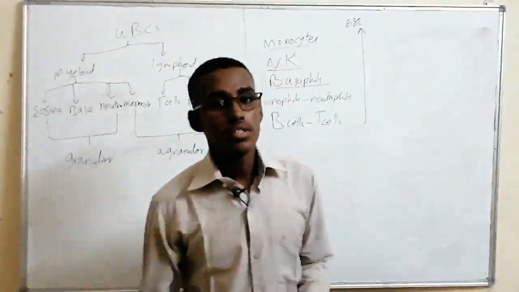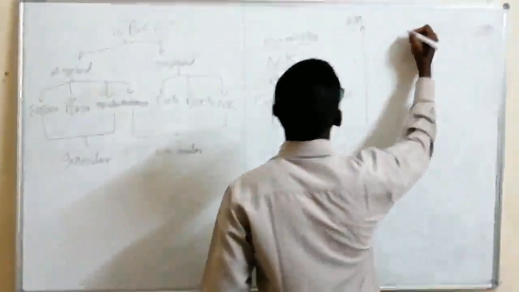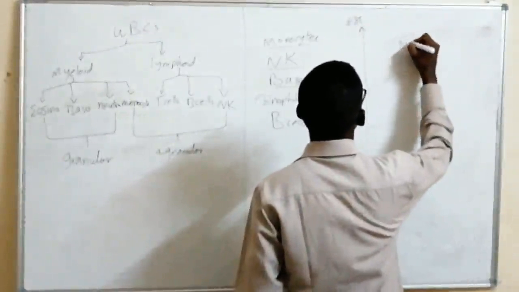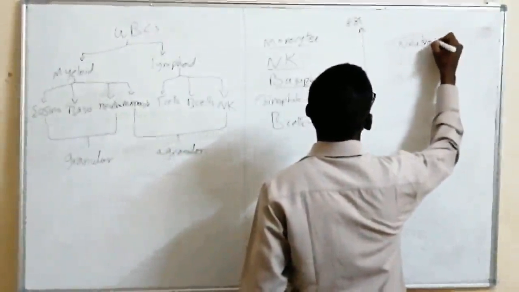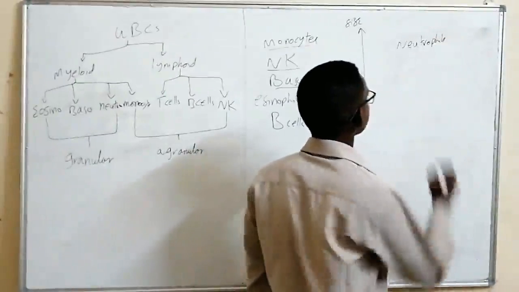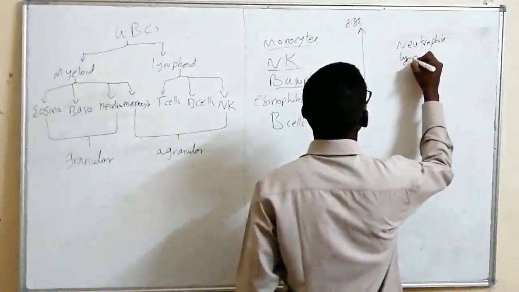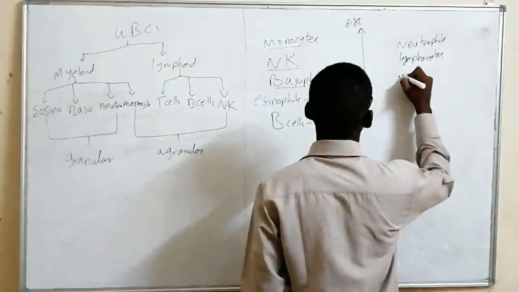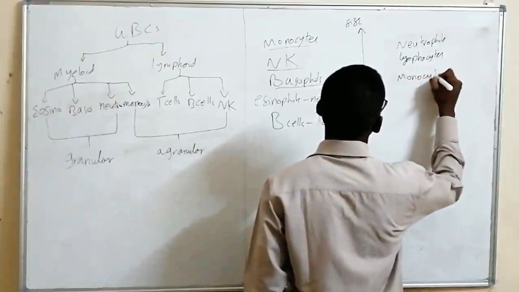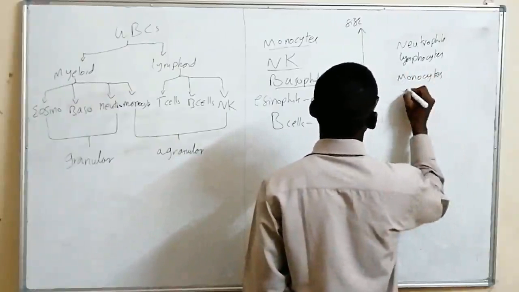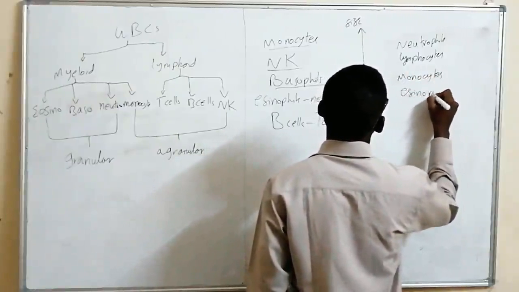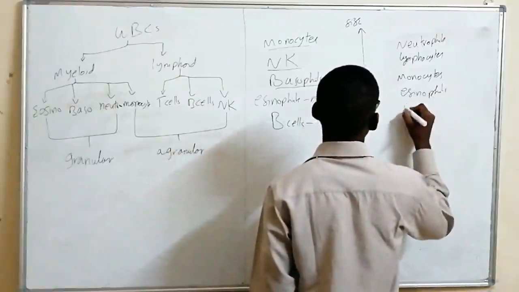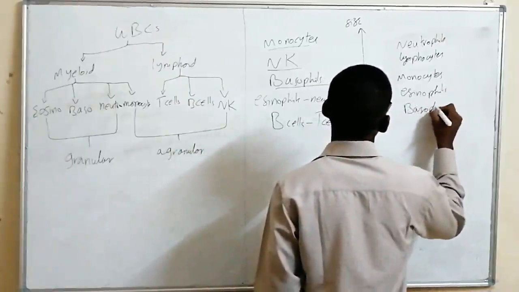According to their count, the most abundant type of cells are neutrophils, followed by lymphocytes altogether, followed by monocytes, followed by eosinophils, and lastly we have basophils.